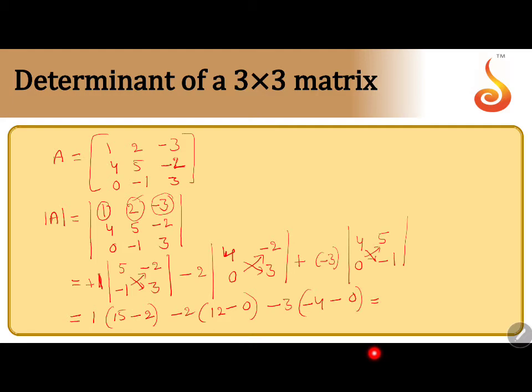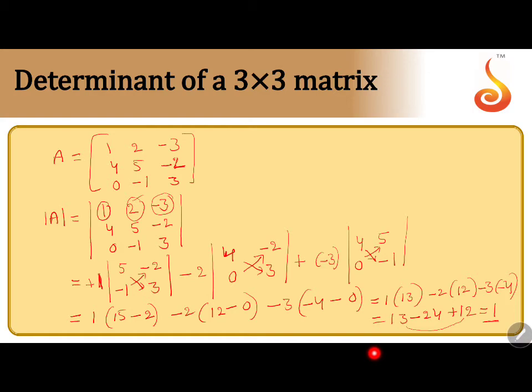So is equal to 1 into 15 minus 2, 13. Minus 2 into 12. Minus 3 into minus 4. 13. Minus 24. Plus 12. So 13 plus 12, 25 minus 24. We get 1. So this is the way of finding determinant.